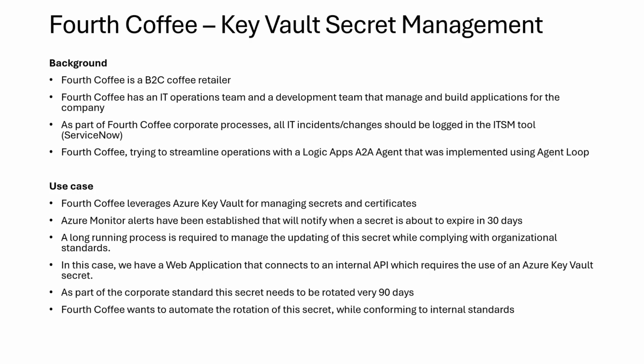We can do that using an agent, in this case Logic apps, and we can orchestrate this process and include the need to update the ITSM tool ServiceNow, but also seek approvals and communicate with stakeholders. That's what we're going to do using Logic apps and Agent Loop.